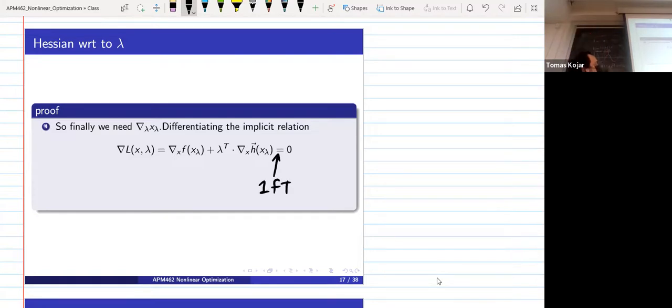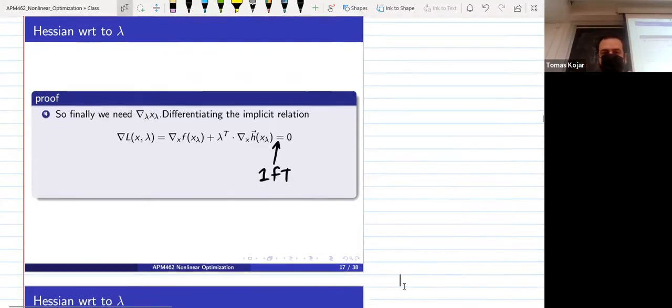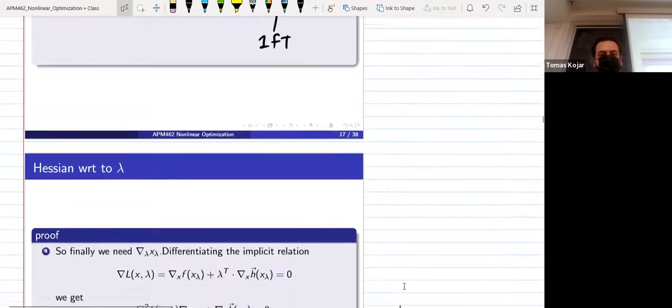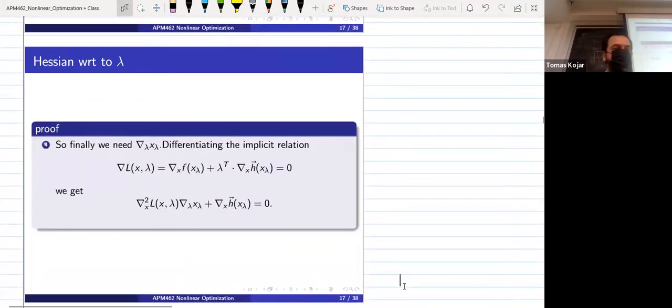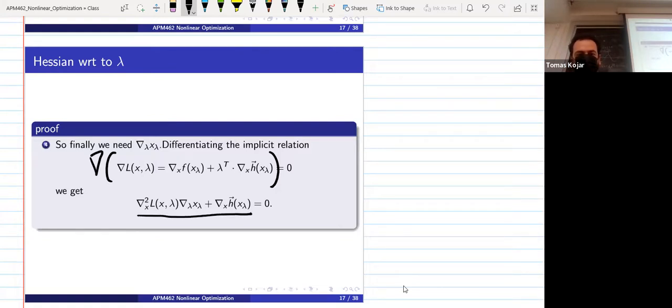So I'm using that again. The reason is, I take the Hessian of this again, I mean the gradient. So take the gradient of this whole thing. And if you do that, you get this crazy looking object.